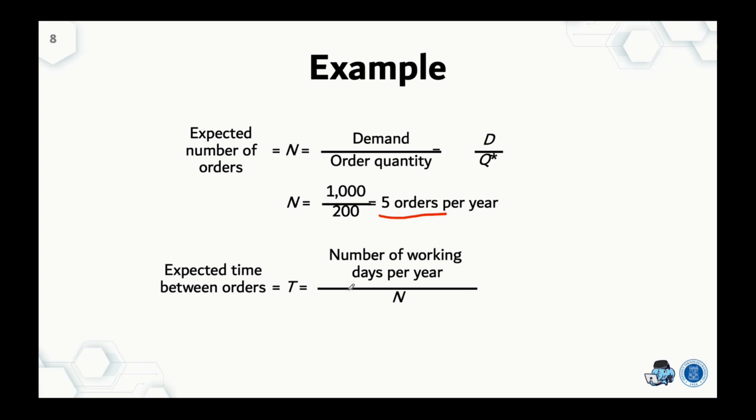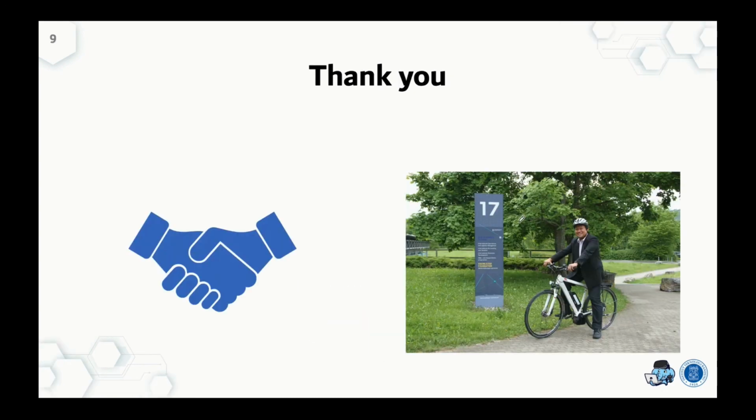And between orders, we can understand that it is the number of working days per year divided by the number of orders per year. So for example, we assume that within 1 year we have 250 working days, divided by 5. So it means every 50 days, we have to make an order.